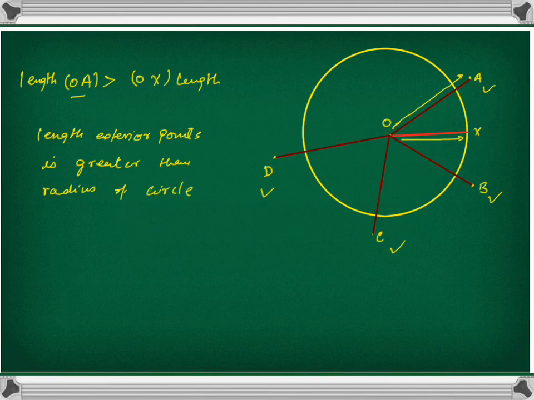This is called the exterior point. So A, B, C and D are exterior points.